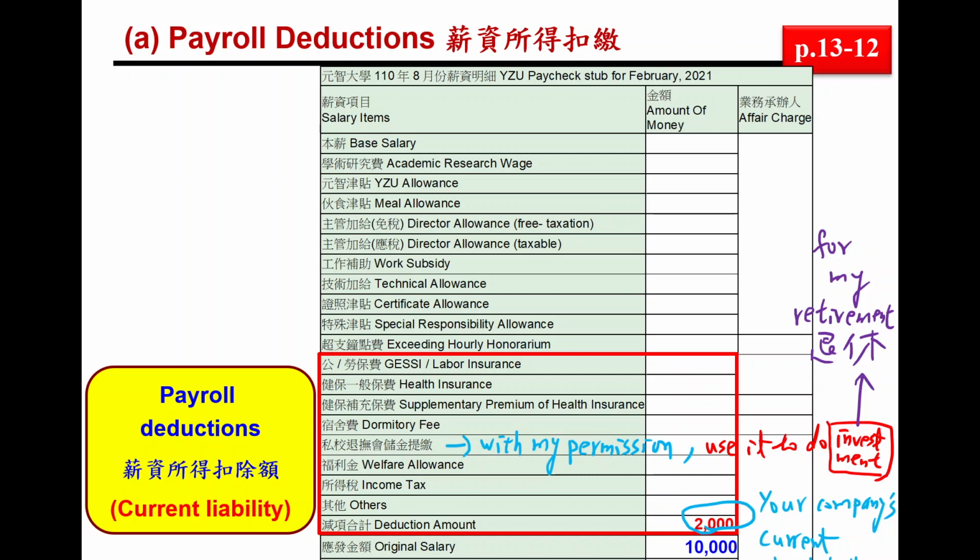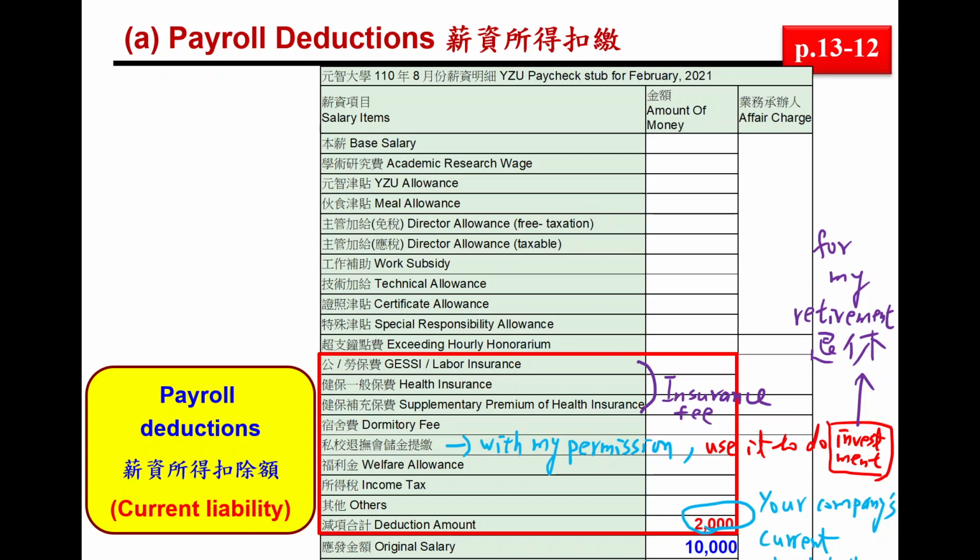So you can find out the first three are for insurance, different kinds of insurance. I need to pay the insurance fee. And this one is for my retirement. So I use some money to do investment each month, actually.